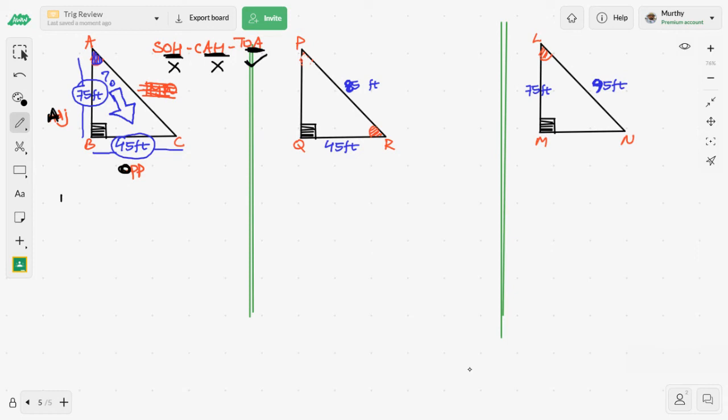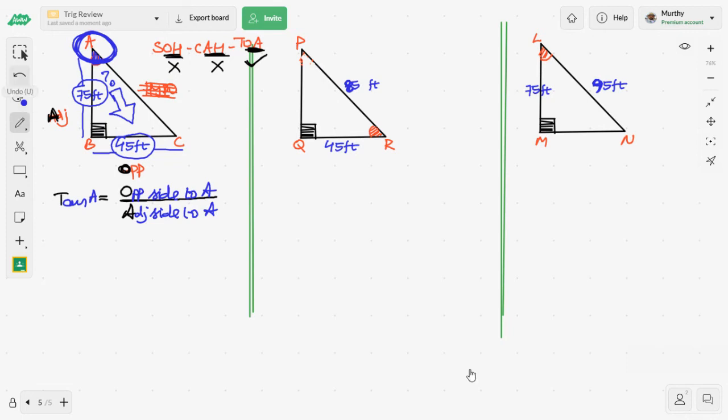Therefore, I have to go for the TOA: tan equals opposite over adjacent. Please don't forget to give importance to the angle you are supposed to find. Therefore, this is opposite side to A over adjacent side to A.